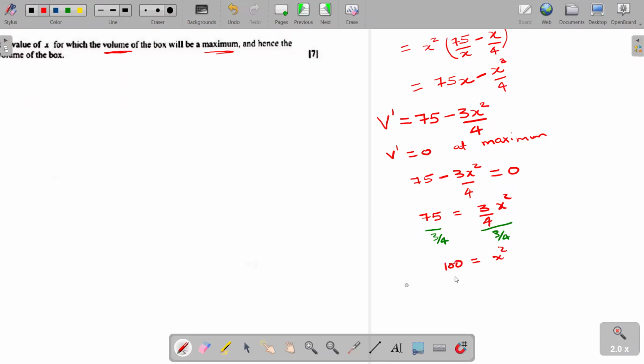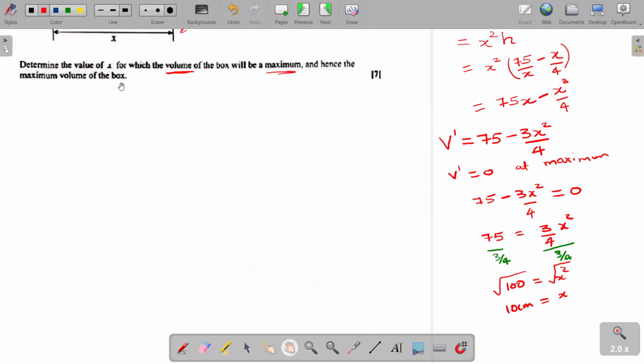And take note, our x is a dimension, so it cannot be negative. So we just find the square root here, square root here. So x is equal to 10 centimeters. So the question was saying, determine the value of x for which the volume of the box will be a maximum.